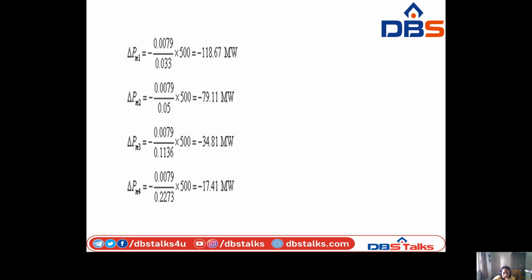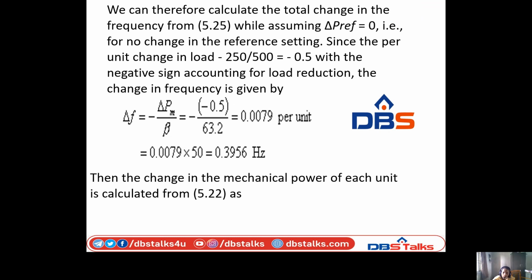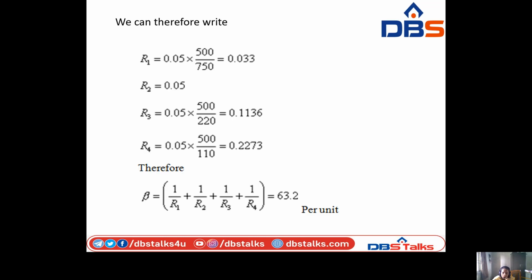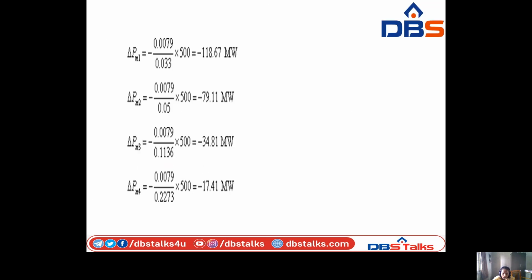Delta PM1 equal to 0.0079 by 0.033 into 500. Here 0.0079 value will be delta F and 0.033 is the R1 value. So delta PM1 equal to delta F by R1 into base value.